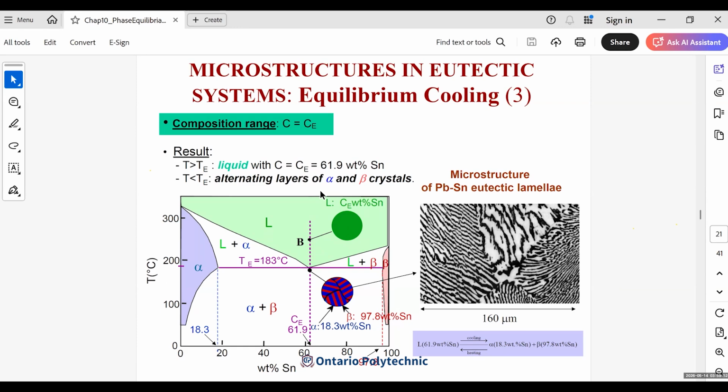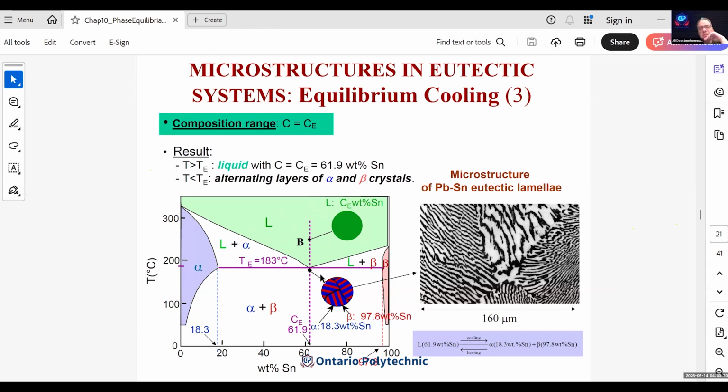Eutectic line, which passes through the eutectic point from each side. Does it intersect with the alpha and beta at the maximum solubility point, or no? It's not necessary. I didn't get your question. I mean, in this picture, we have a eutectic line.